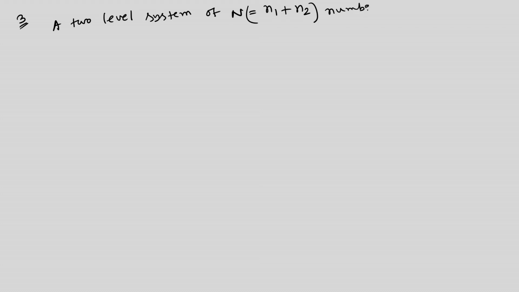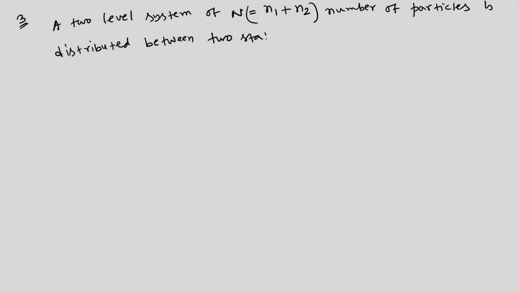Okay. So, the next problem we discuss is problem number 3. A two-level system of N, which is nothing but n1 plus n2 number of particles, is distributed between two states 1 and 2 with energies E1 and E2 respectively.